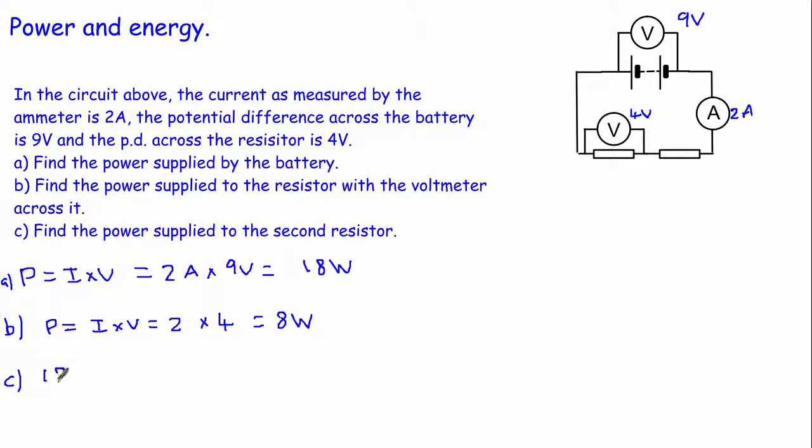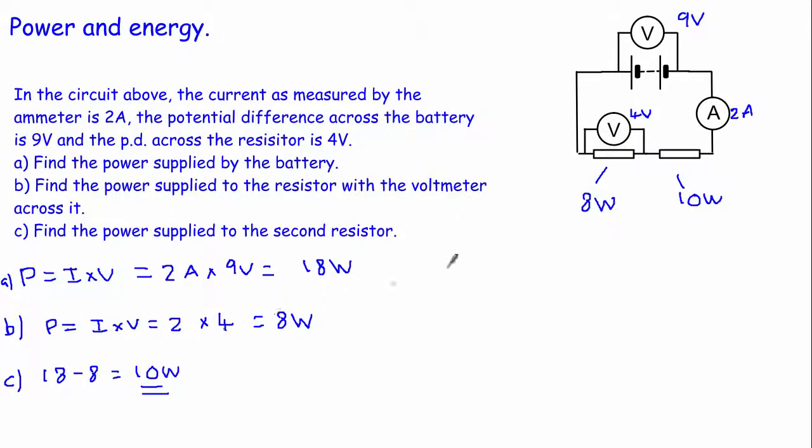So it's simply 18 minus 8, so I end up with 10 watts. So this resistor has a power of 8 watts, and this one has a power of 10 watts. So this resistor is transforming more energy than this one per second.